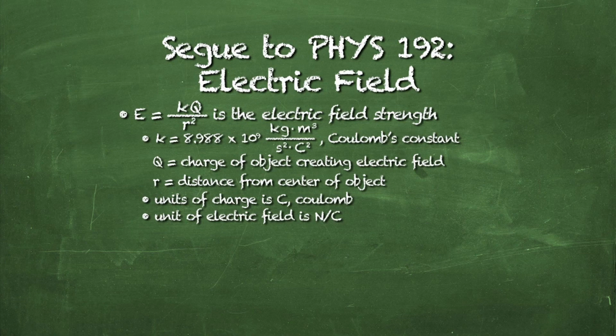That's why very long ago I wrote gravitational field in units of newtons per kilogram, because a mass in a gravitational field feels a certain number of newtons of force per kilogram of mass. Similarly, for electrical fields, the electrical field exerts a certain number of newtons of force per coulomb of charge feeling the force.